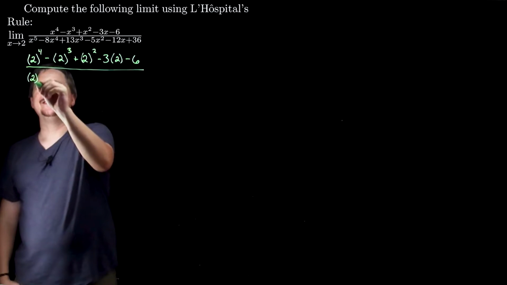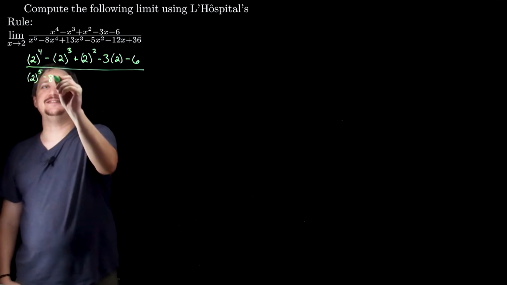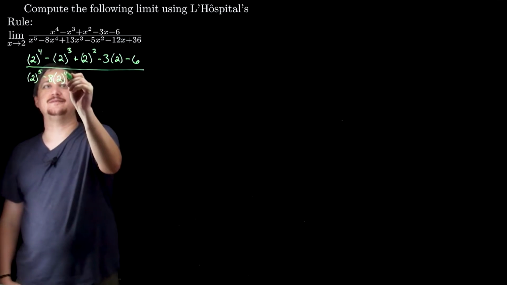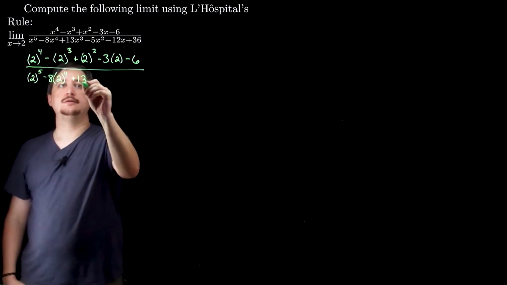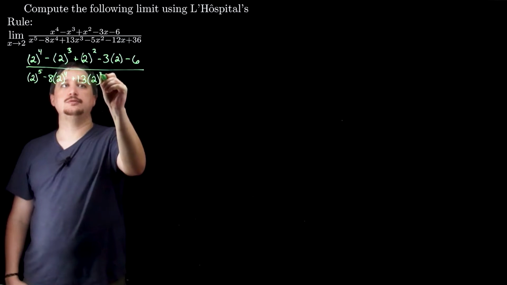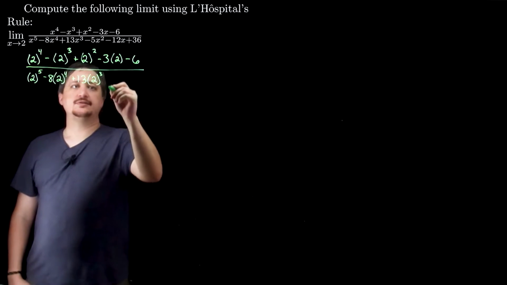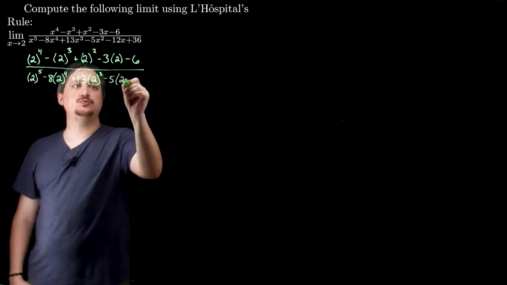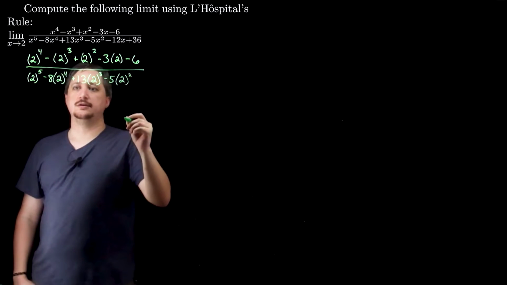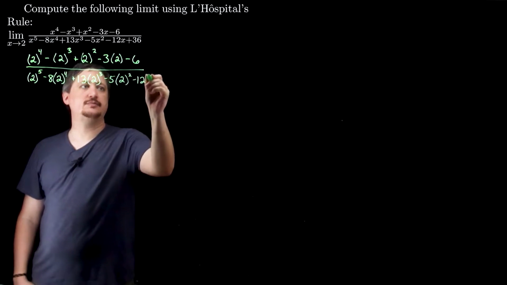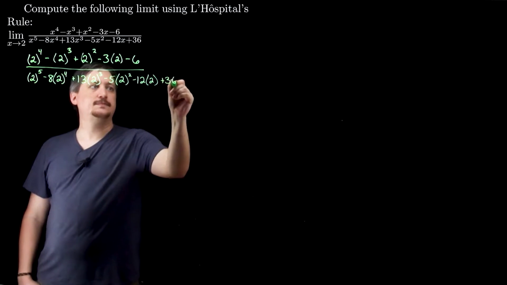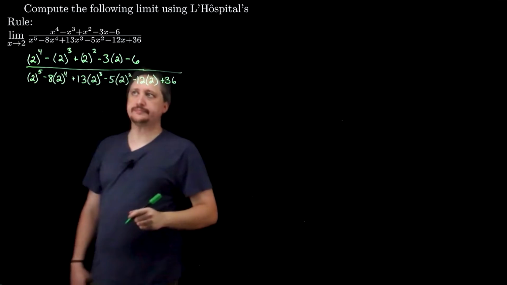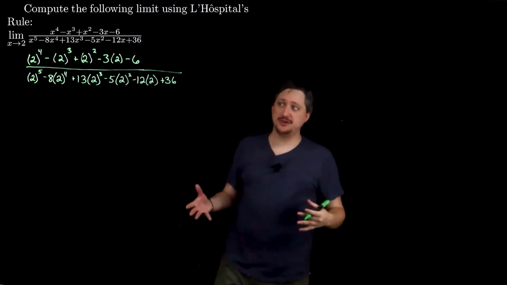So 2 to the 5th minus 8 times 2 to the 4th, plus 13 times 2 cubed, minus 5 times 2 squared, minus 12 times 2, plus 36. So all I've done is plug 2 in for x everywhere.